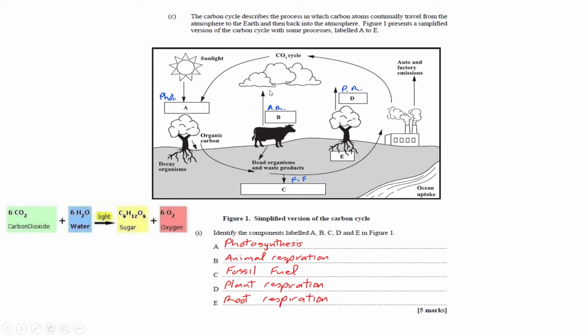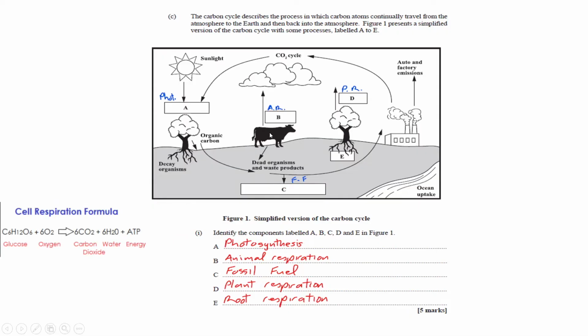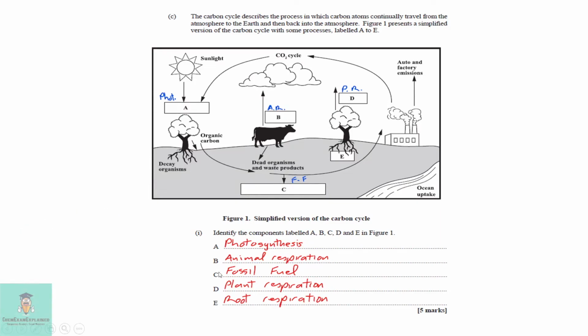B, we see where we have an animal and it is releasing carbon dioxide into the atmosphere. So the process taking place at B is animal respiration. Part C, if you observe the diagram, you see we have dead organisms and waste products going to C. So the process here is the formation of fossil fuel.